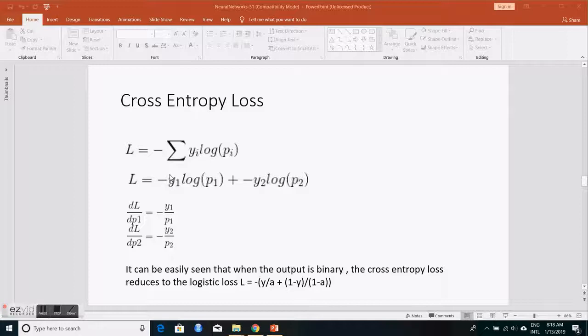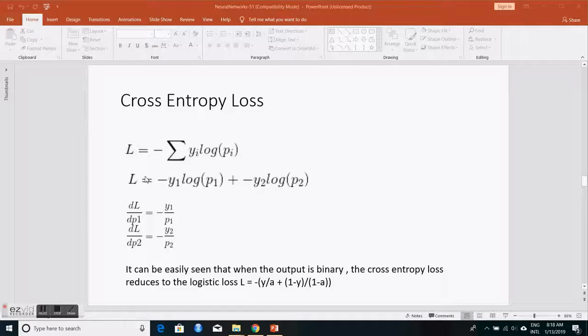Since we had just 2 inputs, I'm simplifying it: it's minus y1 log p1 minus y2 log p2. Now if I take the derivative of this with respect to p1, dL by dp1 is equal to minus y1 divided by p1, since d by dx of log x is 1 by x, and dL by dp2 is minus y2 divided by p2.